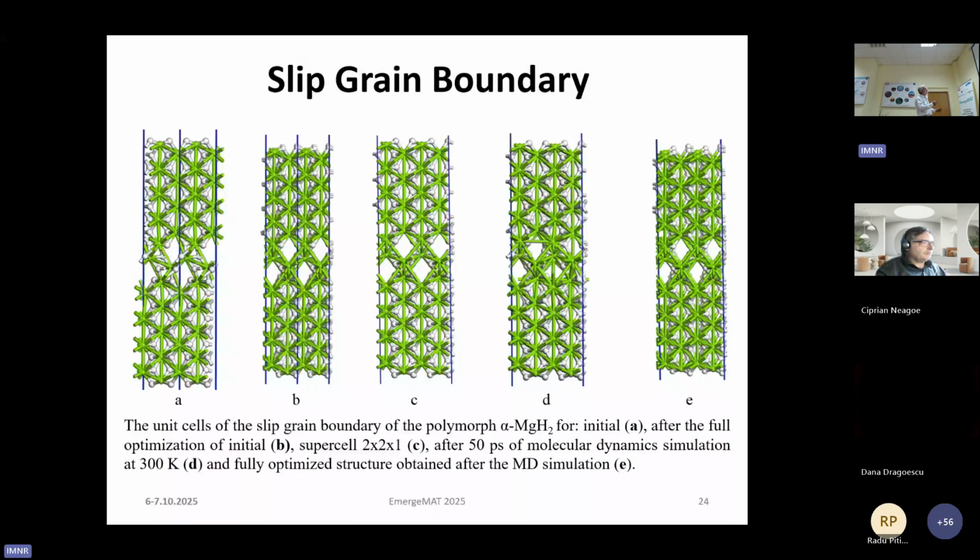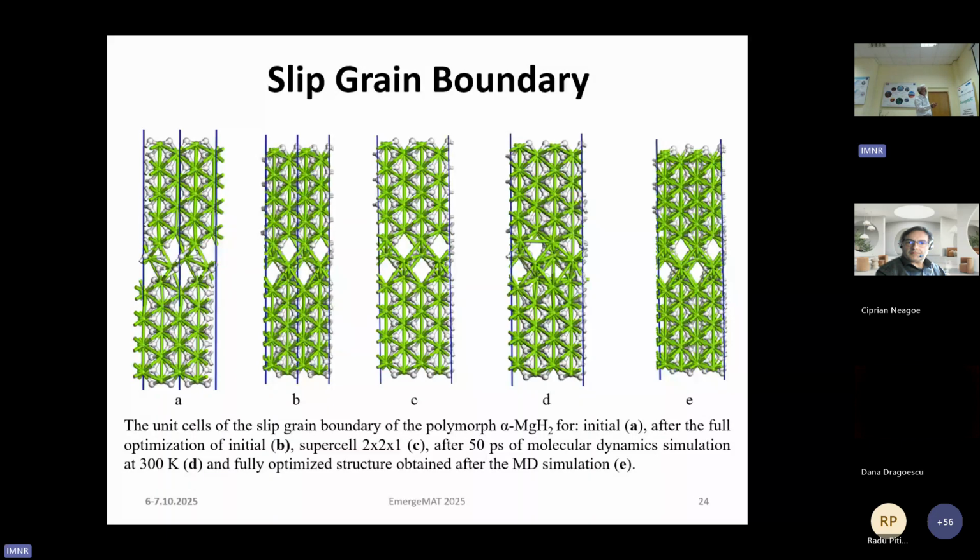So here is the initial structure. I multiplied it twice in order to see the models. This is after a full optimization. So you can see that the atoms are rearranging, and the magnesium atoms are reforming the structure in this interface. Here I performed 50 picoseconds of molecular dynamics, so very short moving of the atoms.